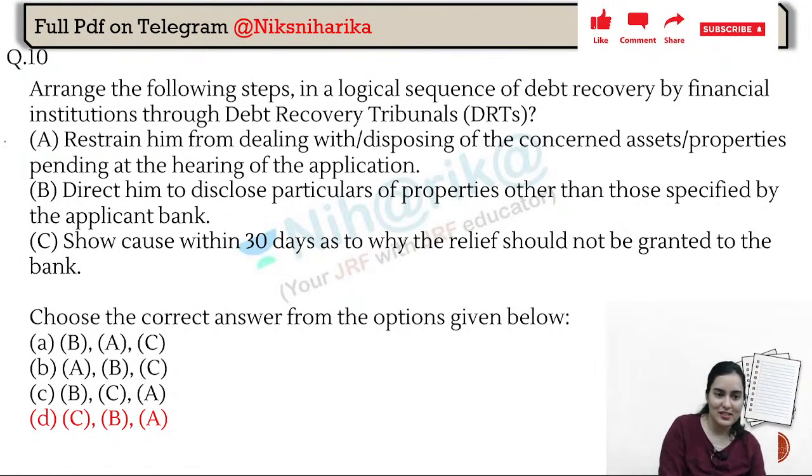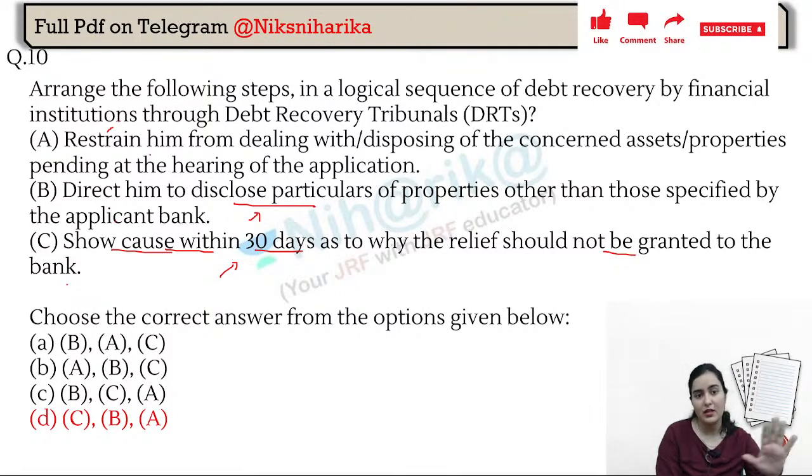Why? Because D is saying first we will give a show cause notice within 30 days as to why the relief should not be granted to the bank, and then direct him to disclose the particulars of the properties other than those specified by the applicant bank, and then restrain him from disposing of the assets pending hearing of the application. The first step is always the show cause notice.